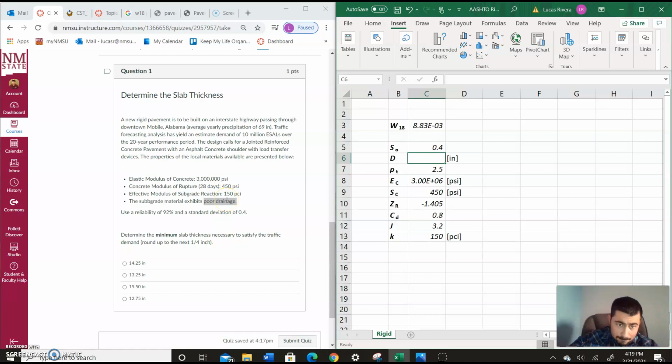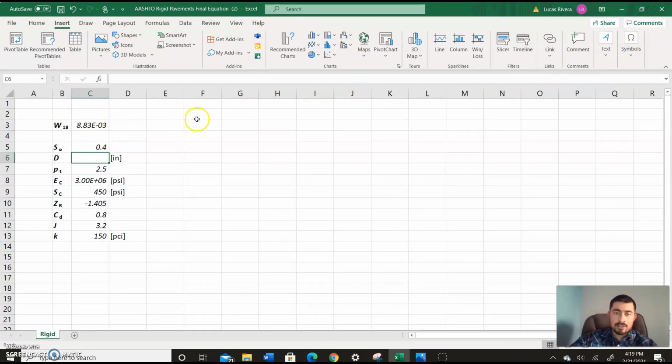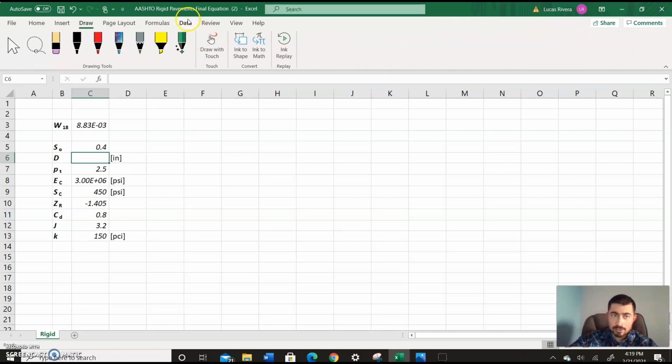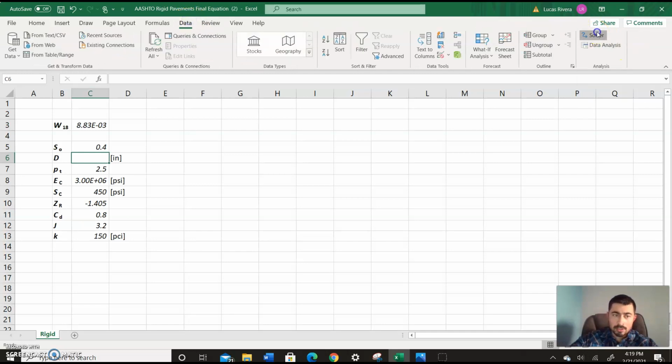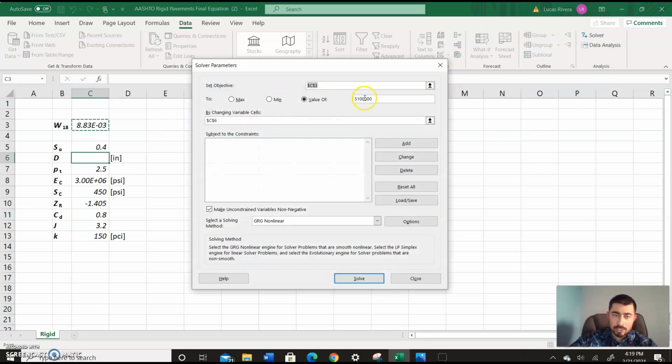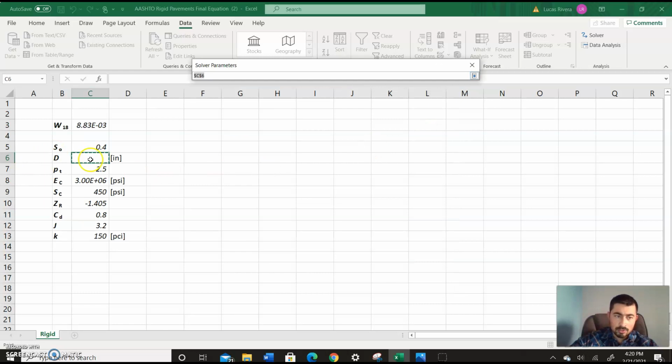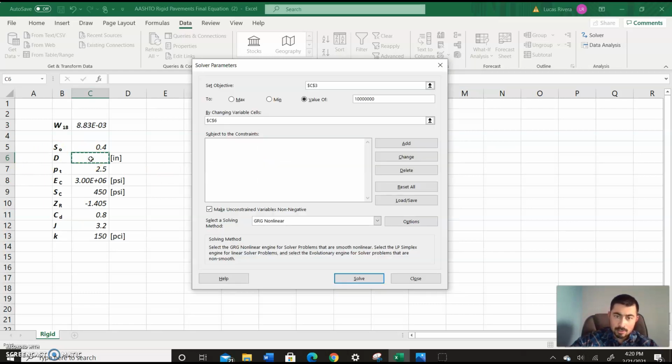What am I trying to get? 10 million ESALs. And this is actually me going out on a limb here. Data, Solver, by changing variable cells. Let's see what happens.